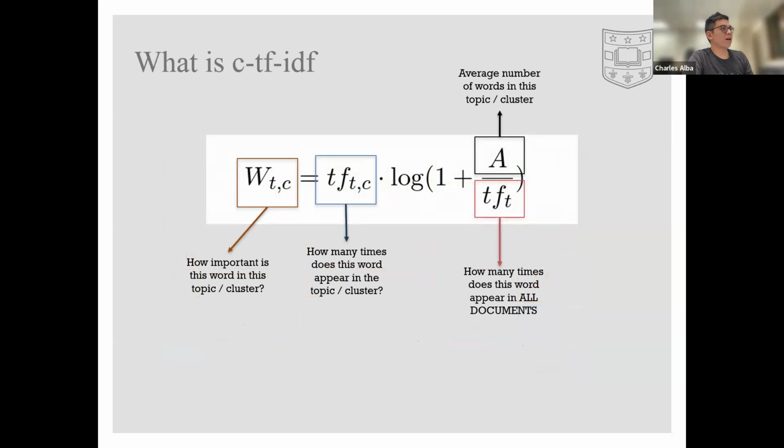TF here represents how many times this word has appeared in this cluster. You multiply this with the log of 1 plus A over TF_t, where A is the number of words that appear in this cluster, and TF_t is the number of times this same word appears across all documents.